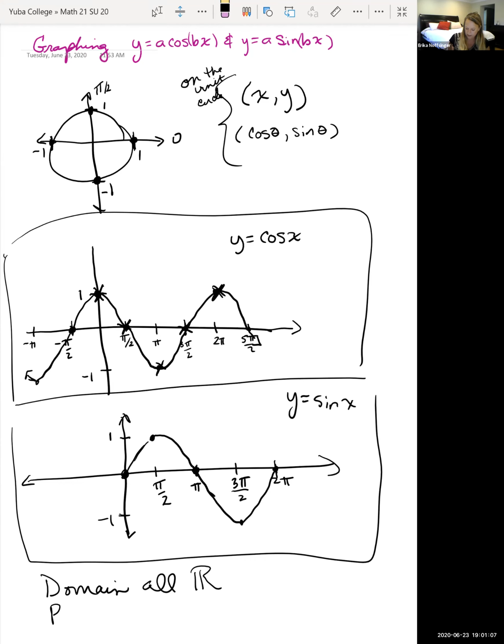Our range is -1 less than or equal to cosine of theta less than or equal to 1, or -1 less than or equal to sine theta less than or equal to 1.